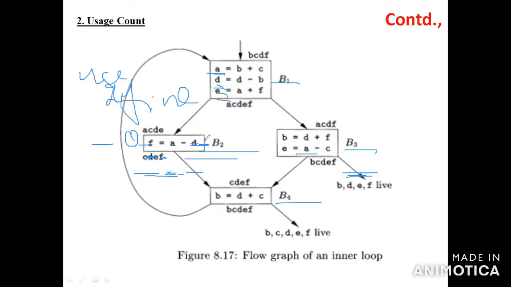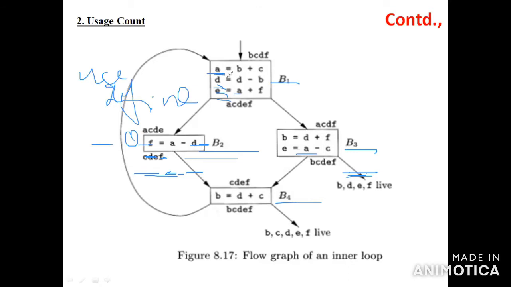So what is the usage count for variable A? The usage of A in block B1 is A comma B1. The variable is used, so you indicate the value 1. How many times is A used? 2 times.